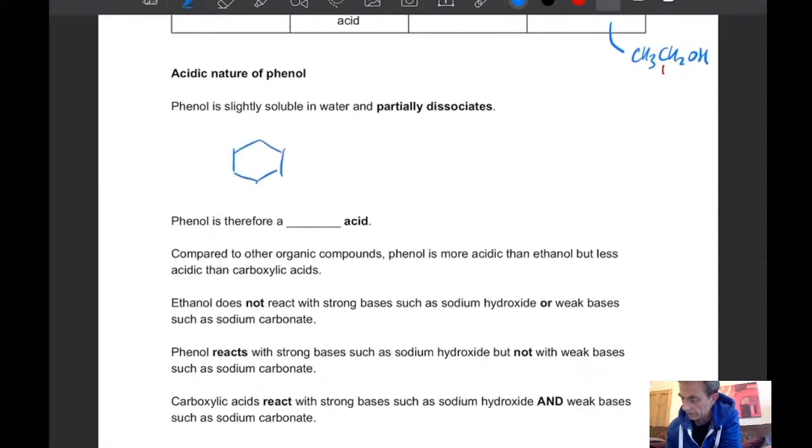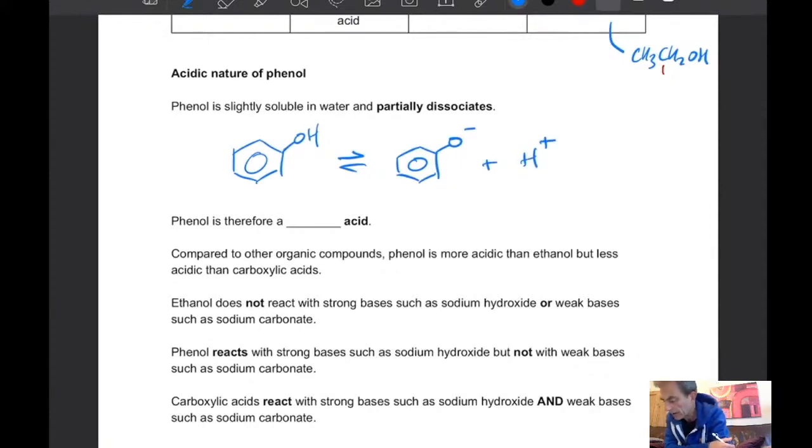So what happens is, I'll put the OH group here, you get a reversible reaction and you get this ion here, and the H from the OH group dissociates off as an H plus ion. So that is why phenol is acidic, because it donates an H plus ion.